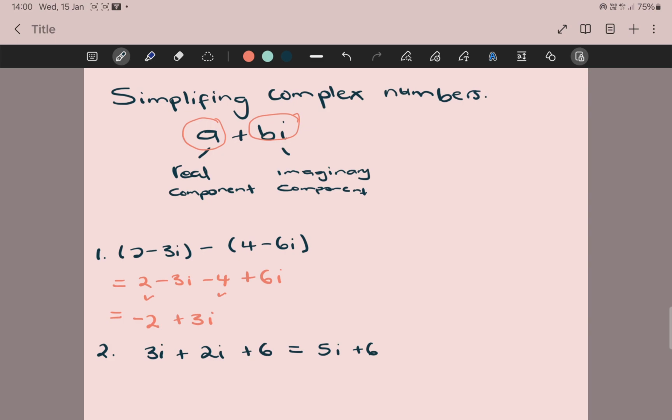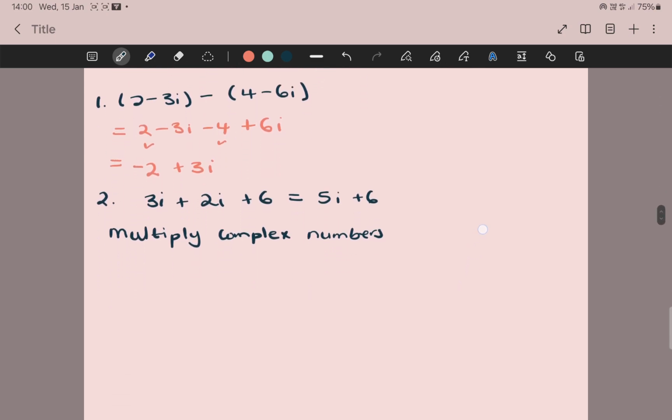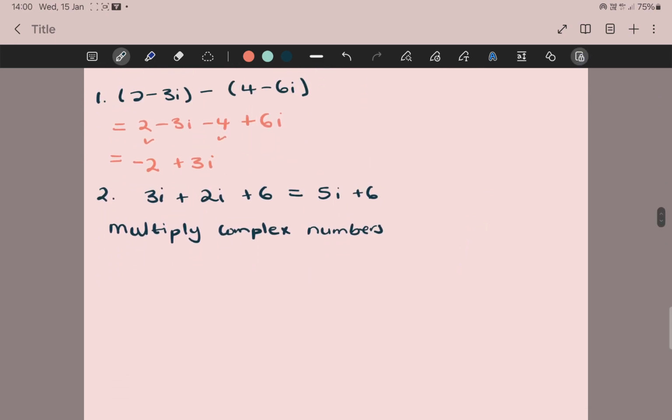It's that easy. But now we are also going to take time to learn how to multiply complex numbers. So I'm going to take the very same example of the brackets above, but now I am going to multiply them.